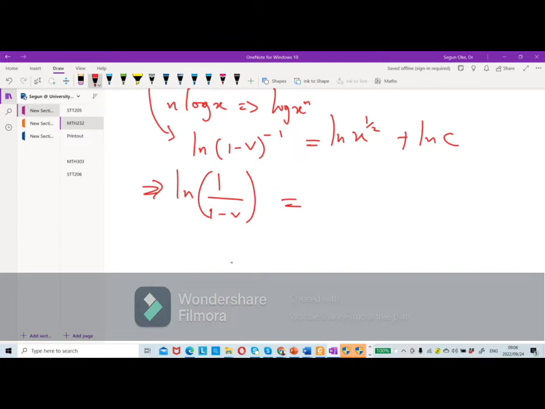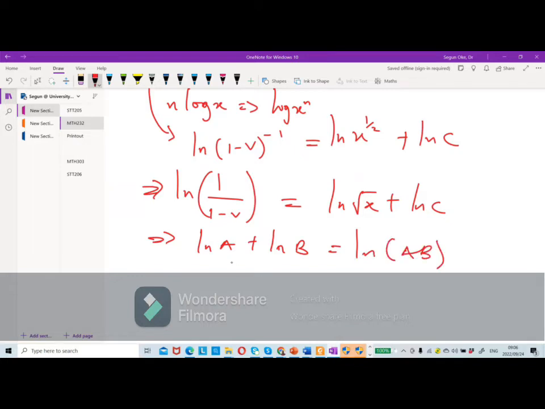So, which is the same thing as ln square root of x plus ln c. At this point, when you have ln a plus ln b, it's the same thing as ln ab.